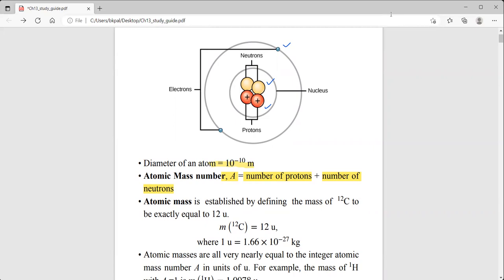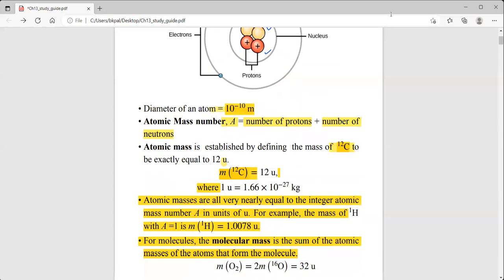It is another unit of mass, and the reference of the atomic mass unit is the carbon 12 atom, whose mass is taken as exactly 12 u.